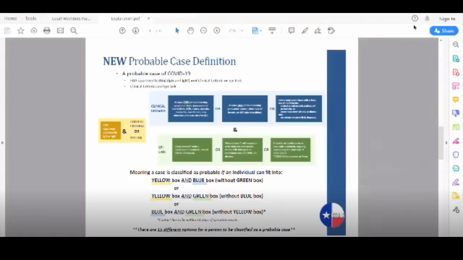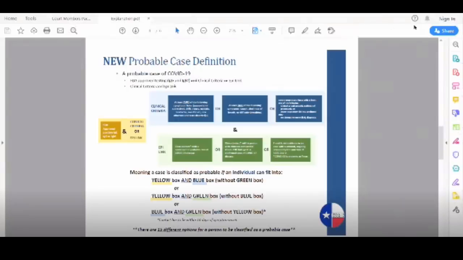So all of the residents of Collin County already satisfy the green boxes, by virtue of the fact that they live in Collin County. Now they only have to satisfy one of the blue boxes or one of the orange-yellow boxes, and they will be considered probable.